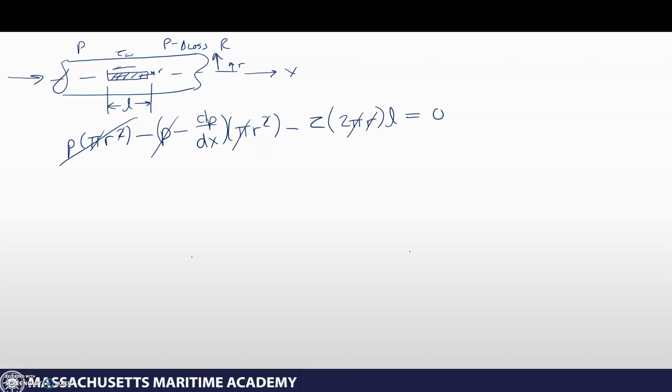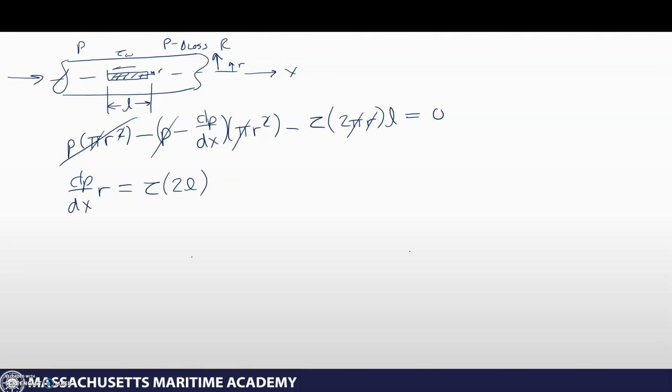And I'm just going to be left with the dp dx r and the shear stress term. If I separate those out, that'll be a positive dp dx times r is equal to, I'll move the shear stress to the other side, shear stress times 2L.